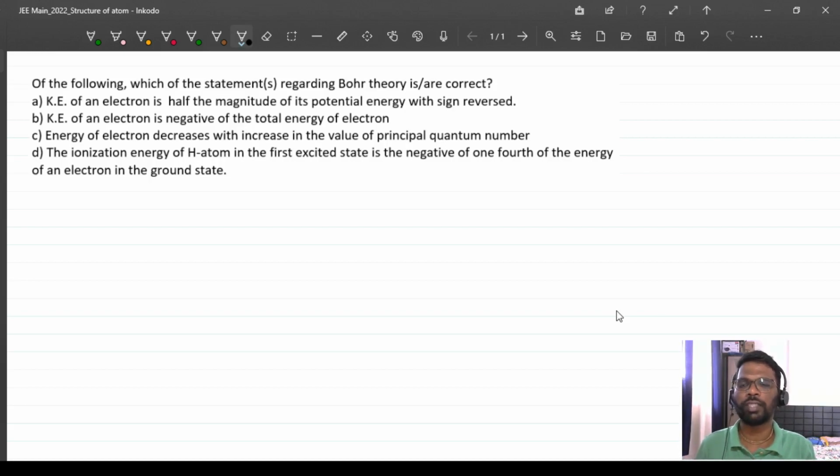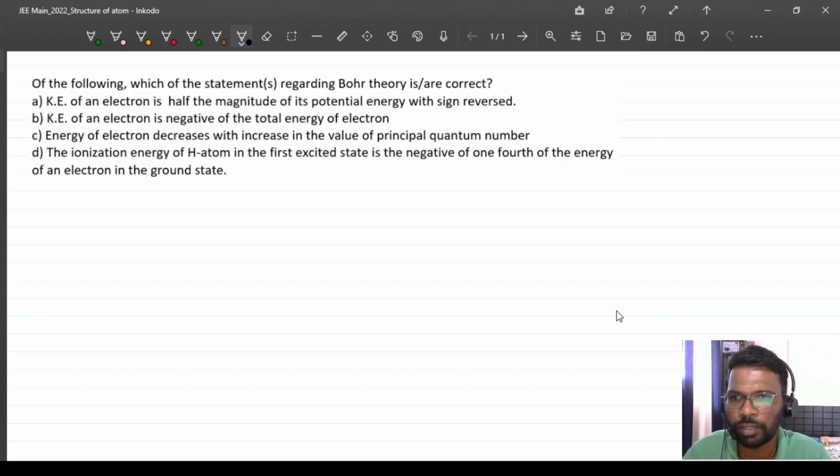The question says: of the following, which statements regarding Bohr theory are correct? First, the kinetic energy of an electron is half the magnitude of its potential energy with sign reversed. Second, the kinetic energy of an electron is the negative of the total energy of the electron.